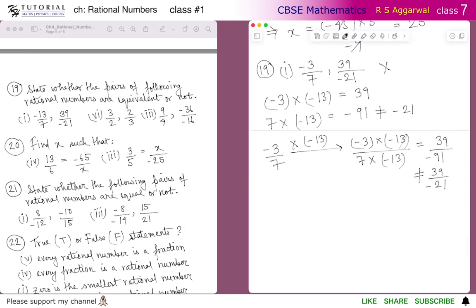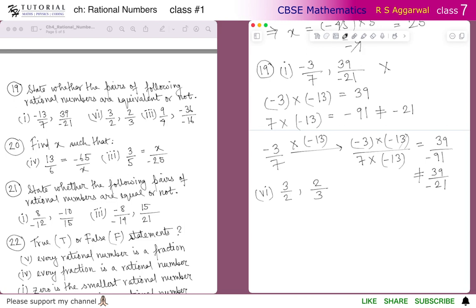Let's do another one. Let's do the sixth one. 3 by 2 and 2 by 3. Now, another way to check whether two rational numbers are equivalent is by doing cross product. But in doing cross product, remember that you have to do products. So if the numerators and the denominators are large numbers, it will be time consuming.